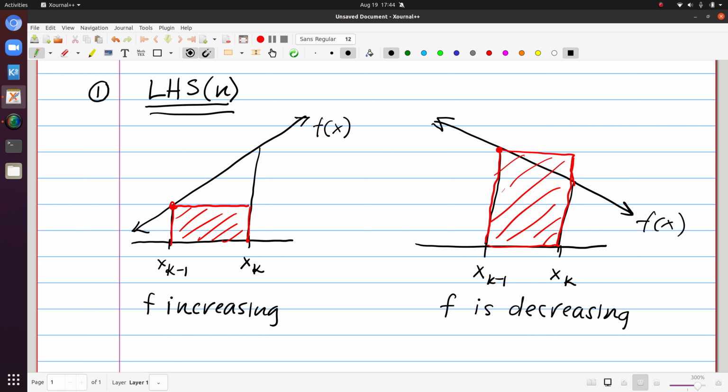And we see in the case that f is increasing, the smallest possible choice of the height is the leftmost edge. And so we are going to get an underestimate when we're using the left-hand sum. When f is decreasing, we find the largest possible height choice to be on the left. And so in that instance, we're going to get an overestimate when we are using the left-hand sum.